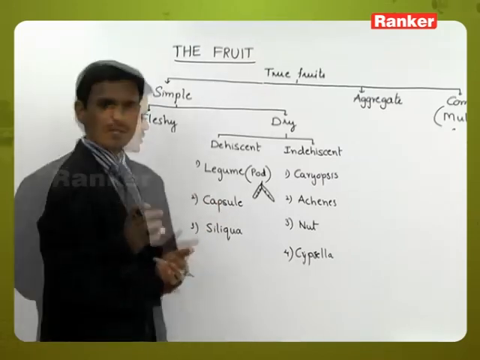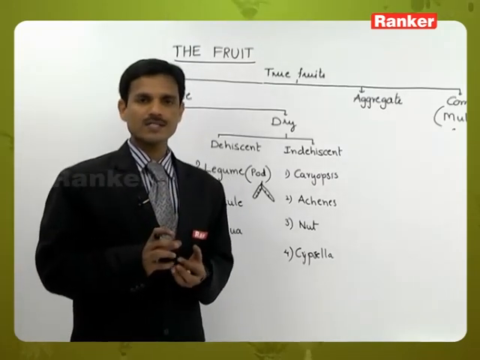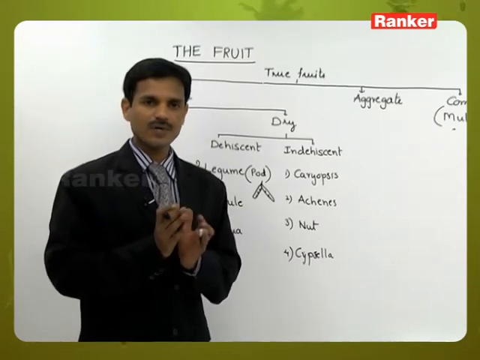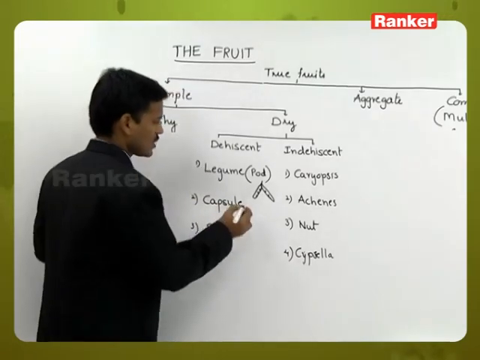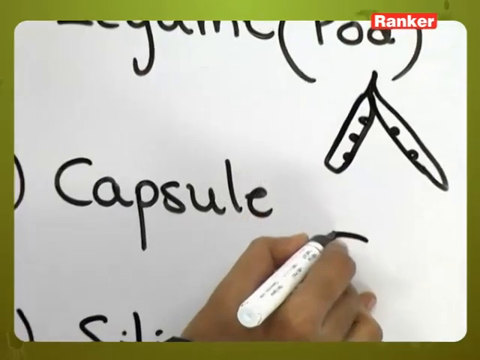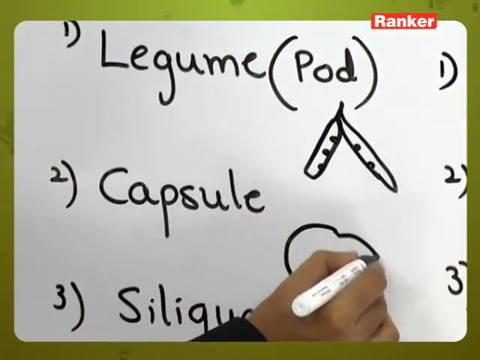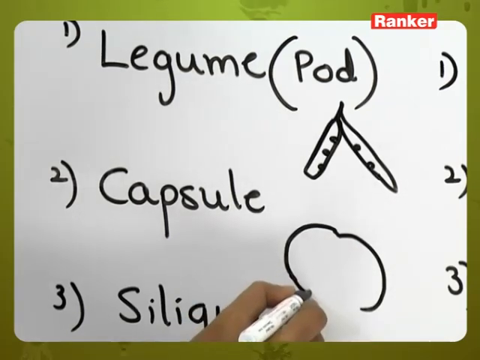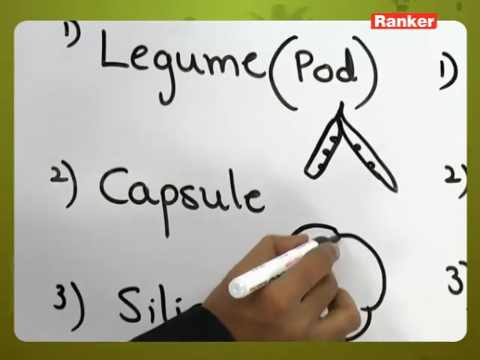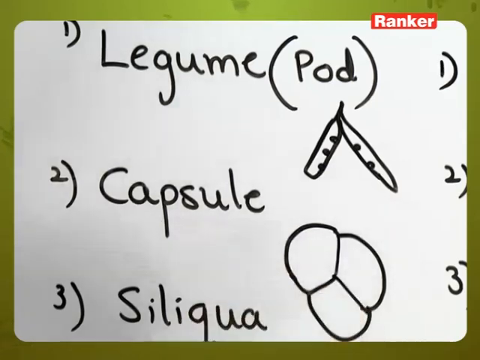And capsule. In the capsule, the fruit also dehisces. For example, the fruit is developed from a tricarpellary ovary. Here the walls are present.